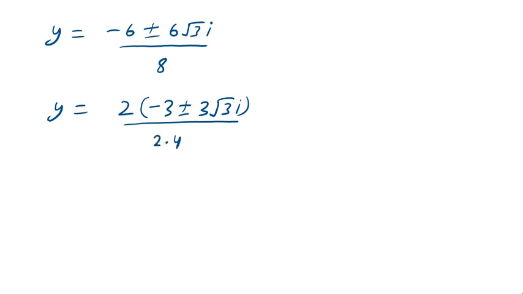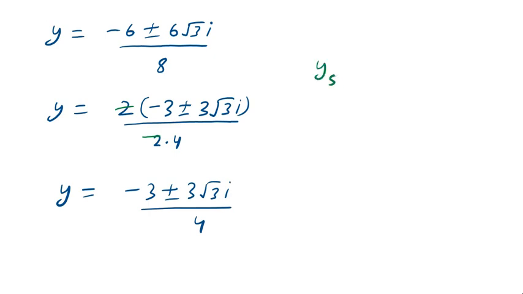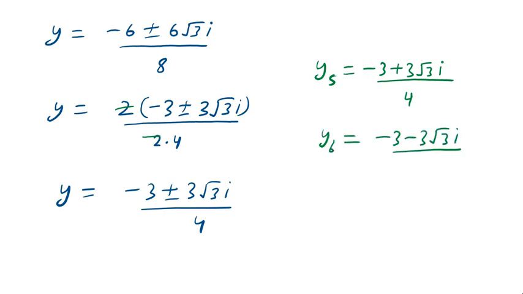Now this 2 and this 2 cancel out, then on the left hand side y is equal to minus 3 plus minus 3 times square root of 3 times iota over 4. Fifth solution, y5, is equal to minus 3 plus 3 times square root of 3 iota over 4. And sixth solution, y6, is equal to minus 3 minus 3 times square root of 3 iota over 4.